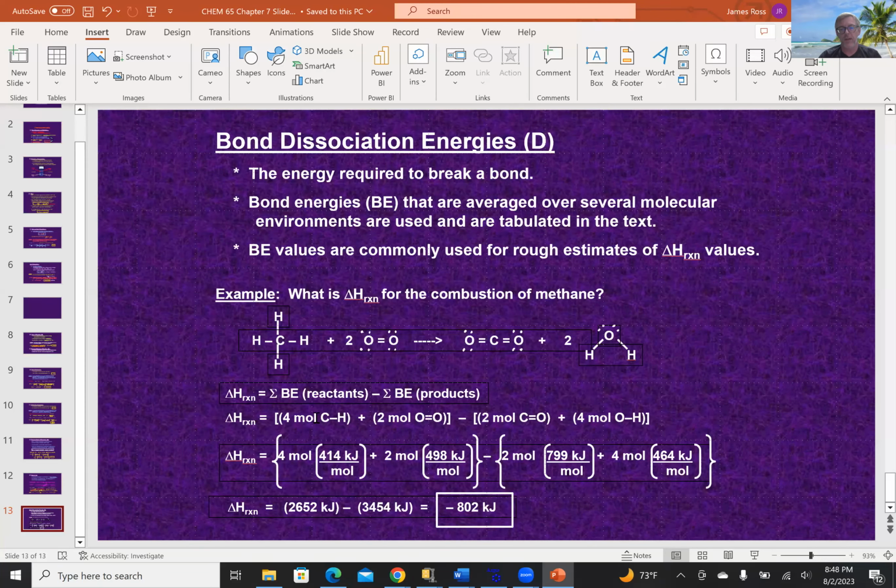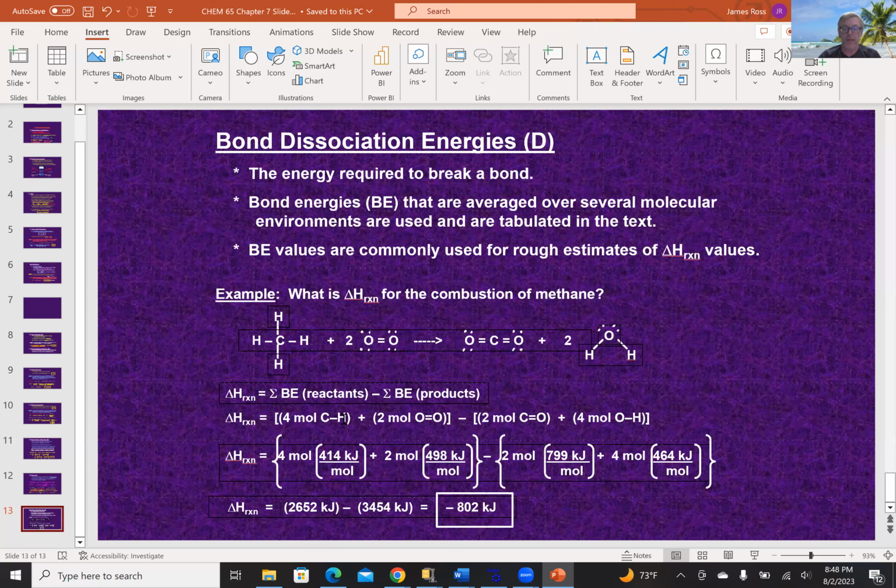I've got 2 lots of oxygen-oxygen bond here. And in my product side, I've now got to subtract 2 carbon-oxygen double bonds. And I've got to subtract 2 lots of water bonds. So each water has 2 OH bonds, and I have 2 waters. So that's 4 OH bonds total.